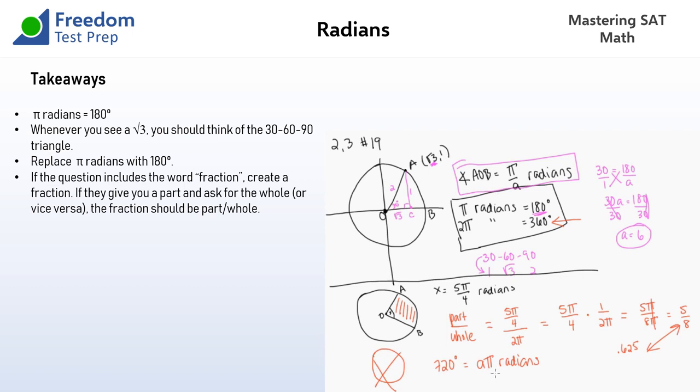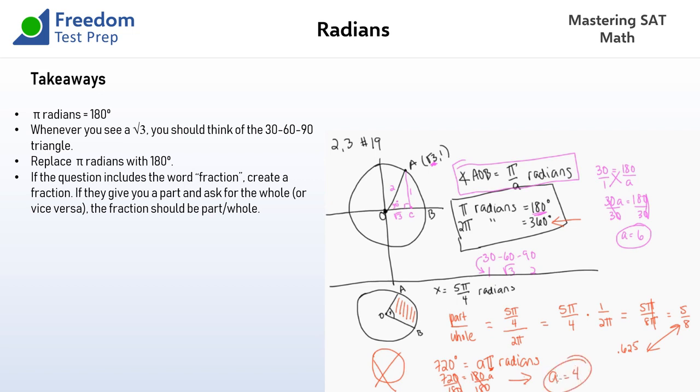It's the same exact thing. Wherever you see pi radians, you just substitute 180 in for it. So this would be 720 equals 180A, and then you divide out the 180, and you get A equals 4, and that would be your answer.